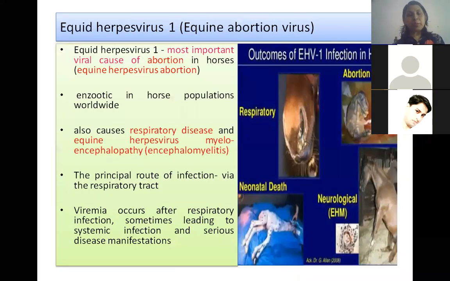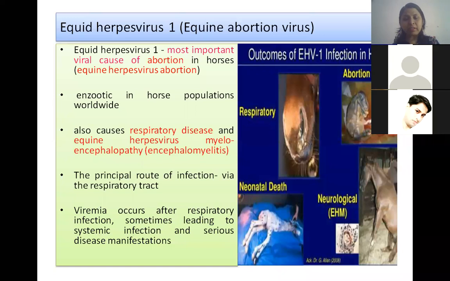Coming to equine herpes virus 1, also known as equine abortion virus, it is the most important cause of viral abortion in horses, and it is widely present in the equine population, and it also causes respiratory disease or equine herpes virus myeloencephalopathy.